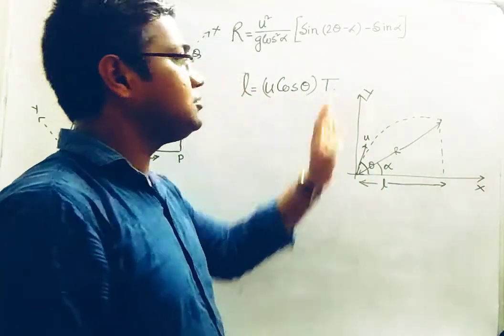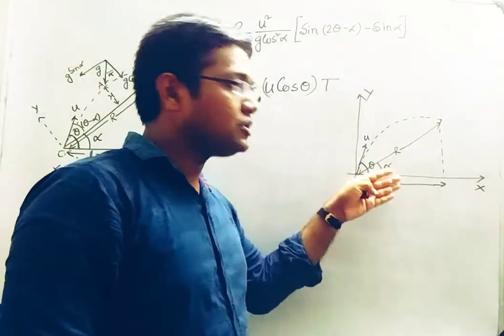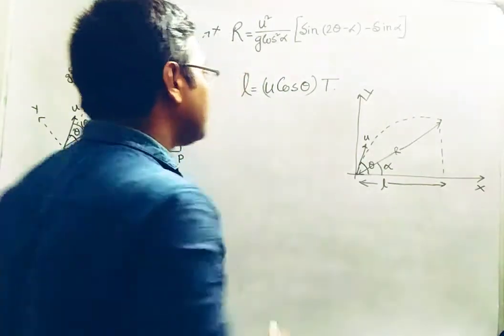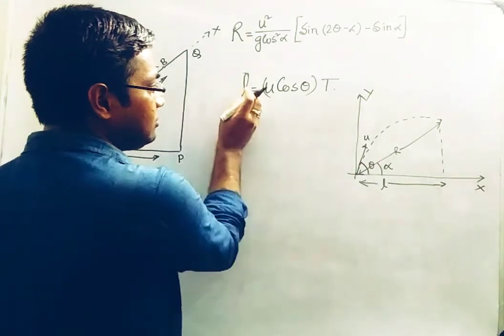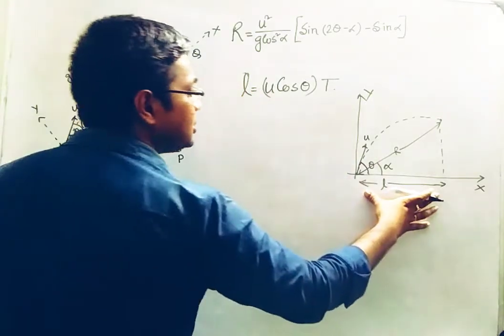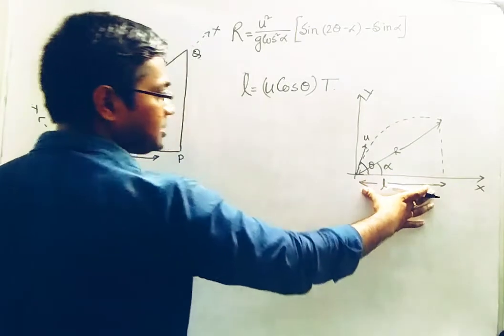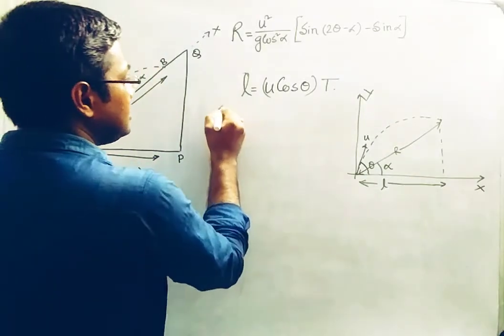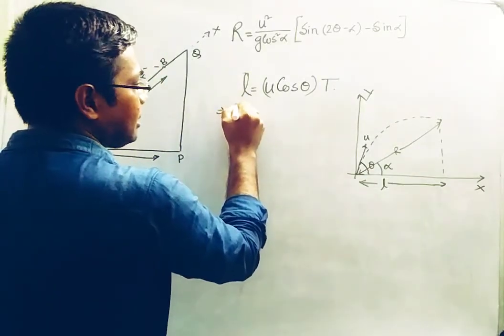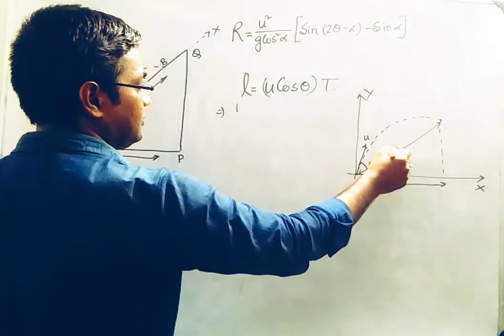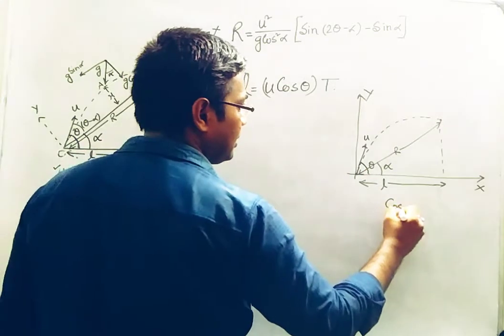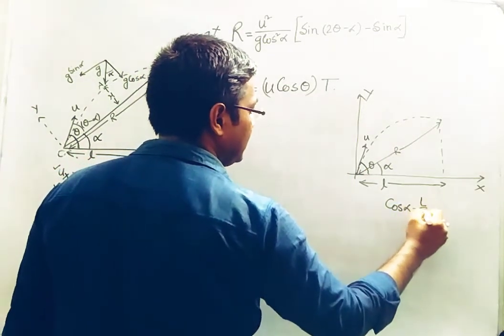So it is the equation of motion under uniform velocity, u cos theta into T. Now if I want to write down the value of small l, that is the horizontal distance covered in this reference frame, then L by R gives us cos alpha. Let me write cos alpha equal to L by R.